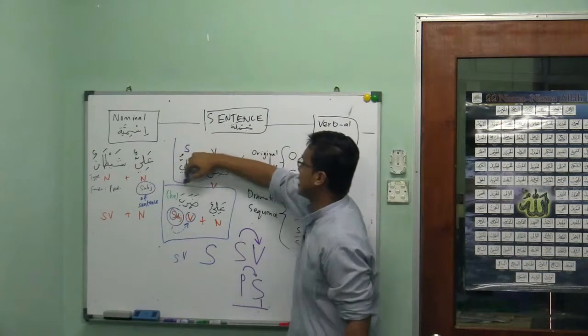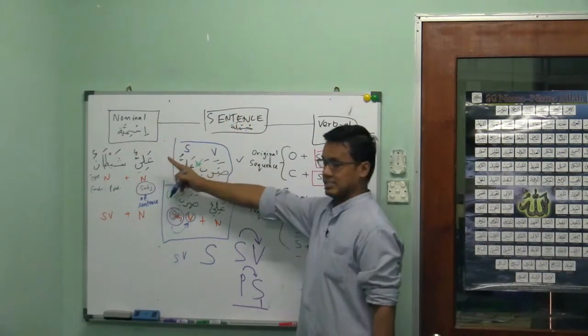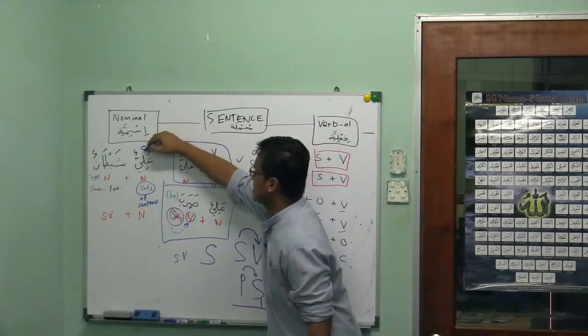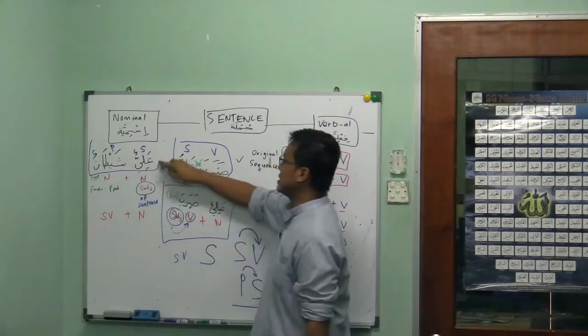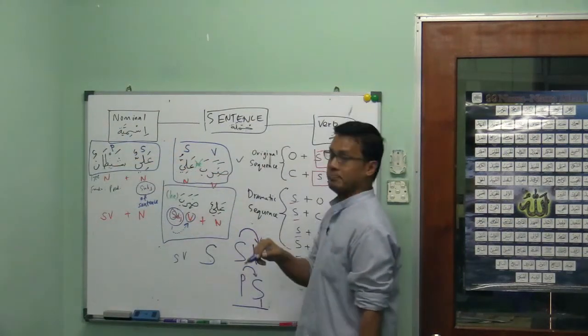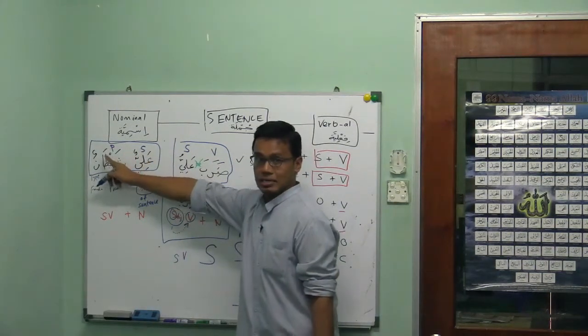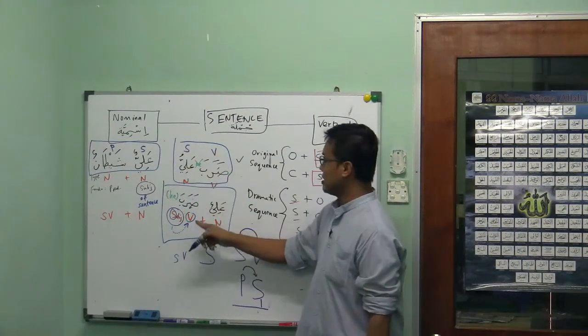So this is like a dream. VS. Okay? And then you have here, which is SP, which is another sentence, another dream. Okay? But inside SP, there can be a VS. Example, here.